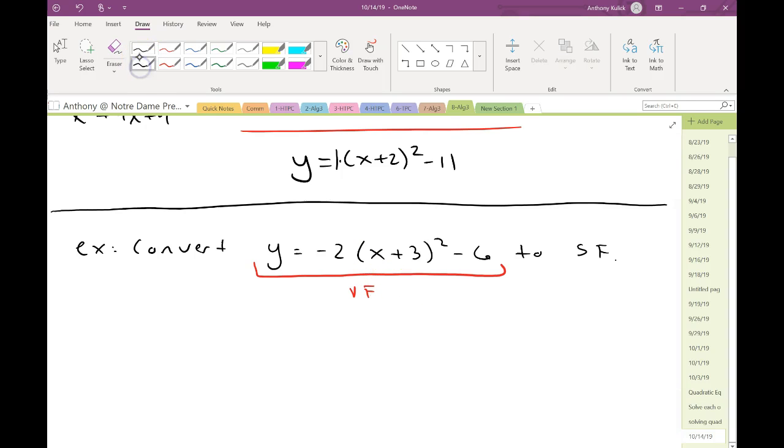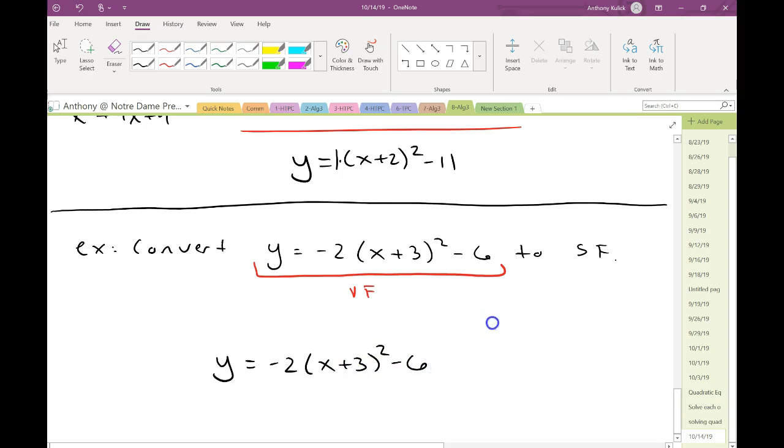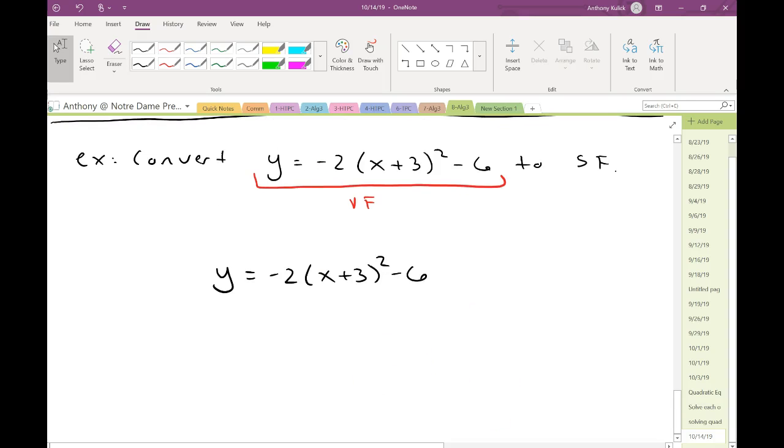Okay. So when we say expand, what that really means is we just need to multiply that (x plus 3) squared out. I know something squared is really just like that thing times itself. So what I'm going to do is I'm just going to start by foiling.